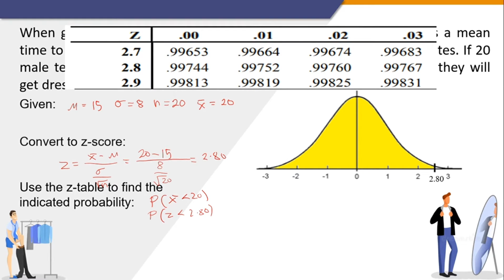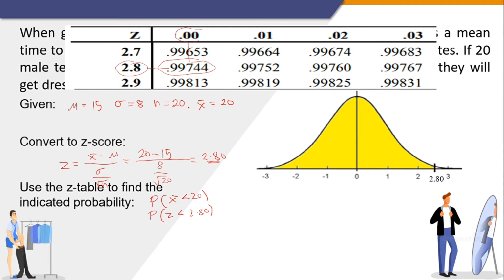So, since 2.80, kunin muna natin yung 2.8 dito sa left side. So, nandito yung 2.8. And then, yung 0.00 is nandito sa taas. So, kung saan sila nag-intersect, then yun yung value niya.